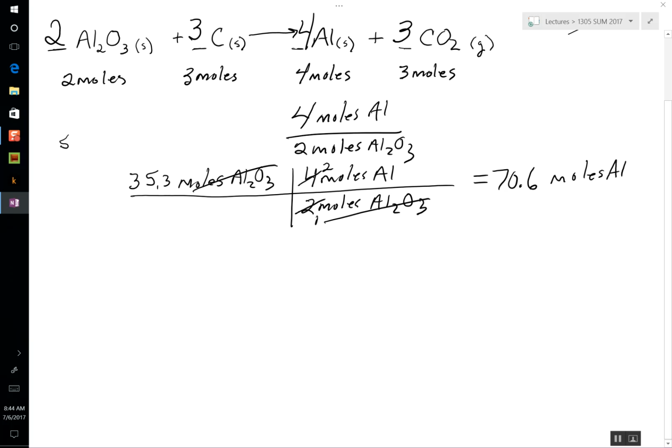So this was number 4. Here's number 5. So we want to know, how many grams of CO2 will result from the complete reaction of 12 moles of Al2O3? So we've got 12 moles of Al2O3, and we want to know grams of CO2. See, here's how I do problems.